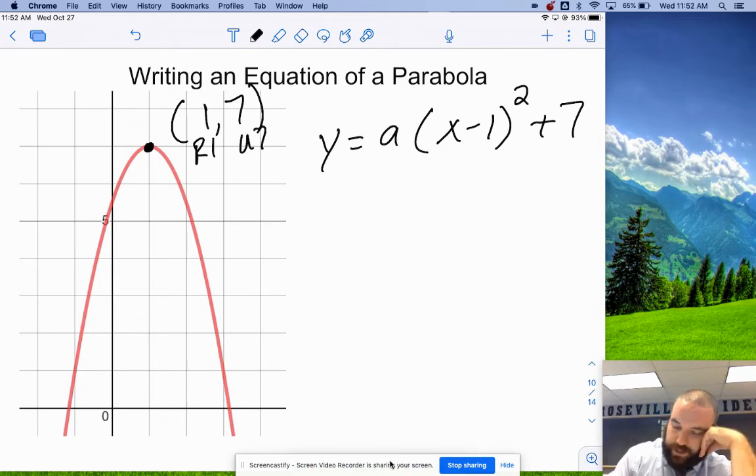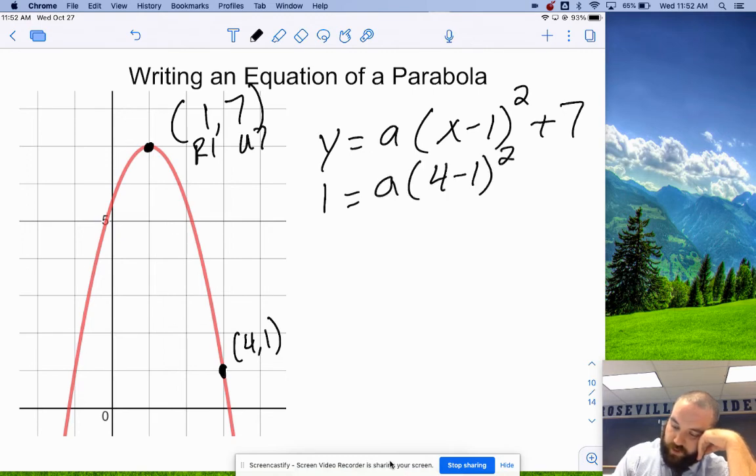Okay. Now the next coordinate that falls on a grid line is all the way over here at 4, 1. So we're going to do 1 equals a, 4 minus 1 squared plus 7. You can replace x with the x coordinate I found and y with the y coordinate. Okay, so 4 minus 1 is 3.